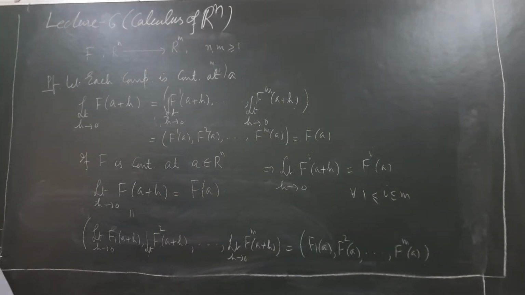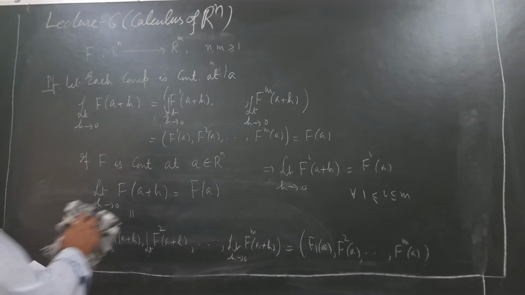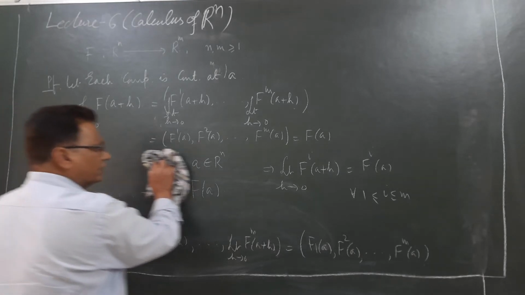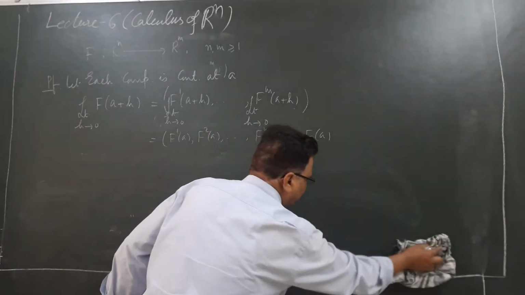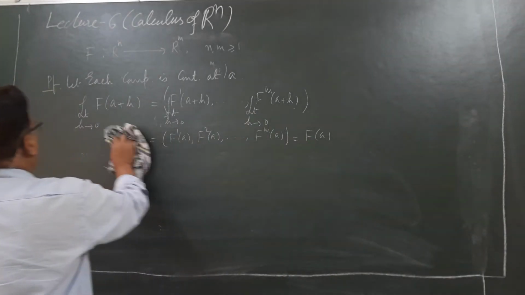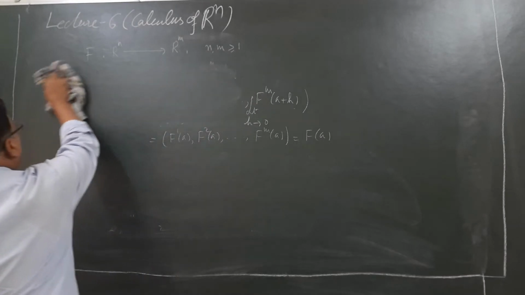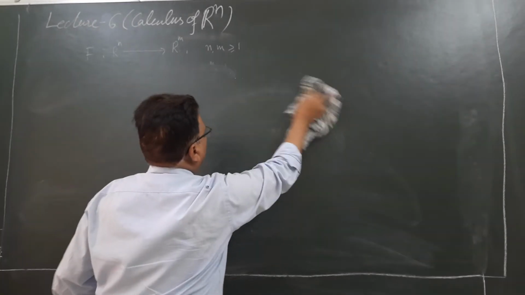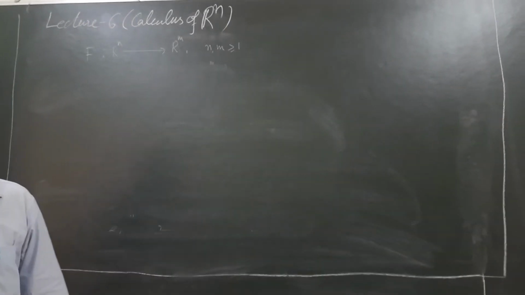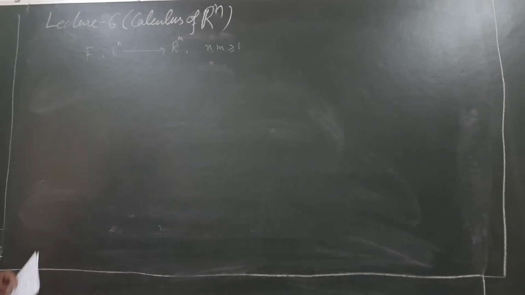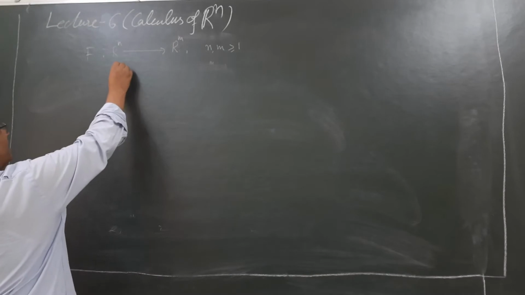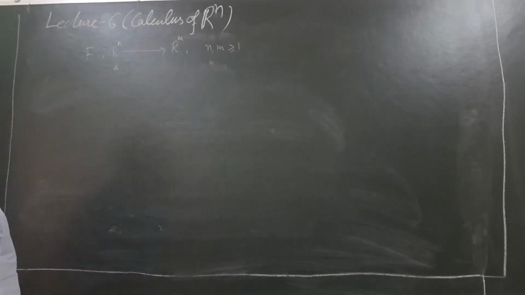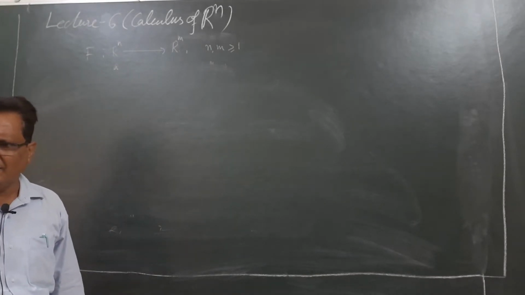So continuity of f follows from the continuity of its components and the other way around. Now the same question can be raised for differentiability. If I ask the same question for differentiability, the answer is still yes. A function f from Rn to Rm is differentiable at a point A if and only if each of its components is differentiable at the point A.